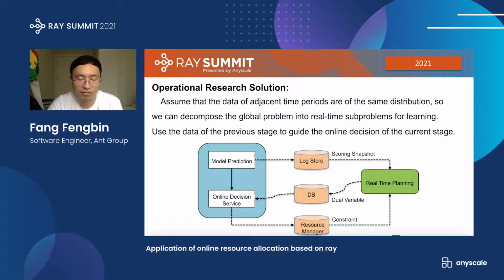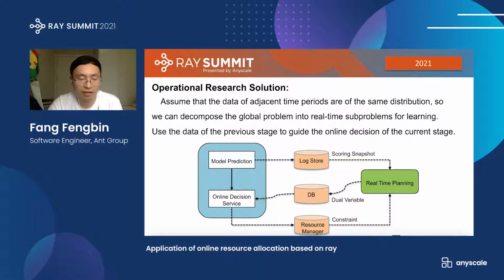In the design of the implementation scheme, we disassembled different technical modules, including real-time planning algorithm and online decision service. The real-time planning algorithm takes the snapshot resource of the fixed time segment as sample input and solves the Lagrange multiplier by combining the optimization objectives and constraints of the time period.